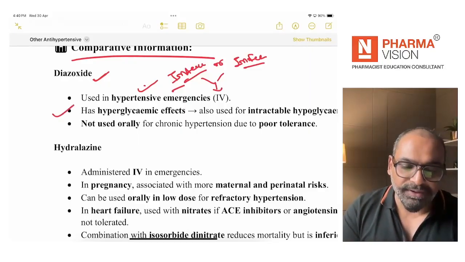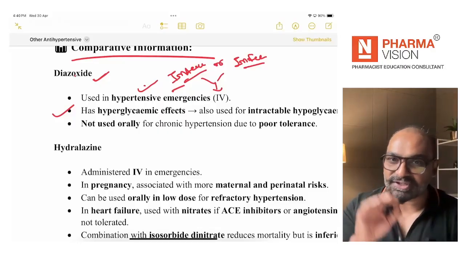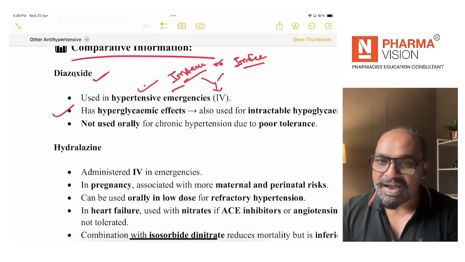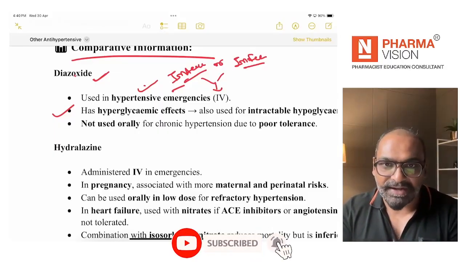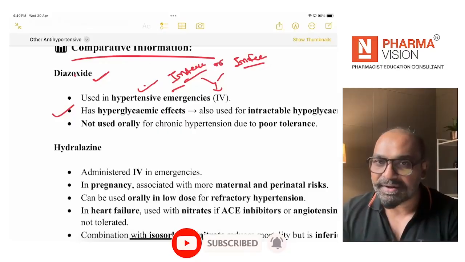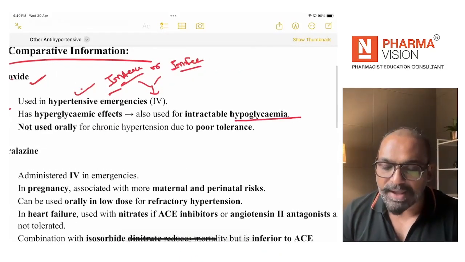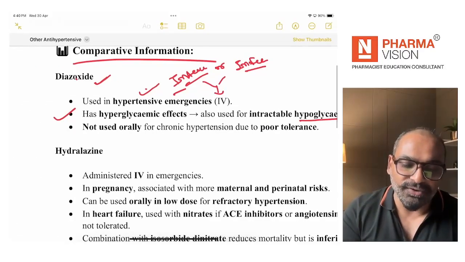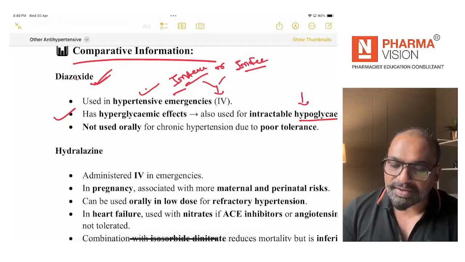The second most important thing is that diazoxide can cause hyperglycemia. You can consider this a side effect, but you can also consider it in a different way: if the patient is suffering from severe hypoglycemia, we can give diazoxide. But the trick here is to treat intractable hypoglycemia with oral diazoxide.